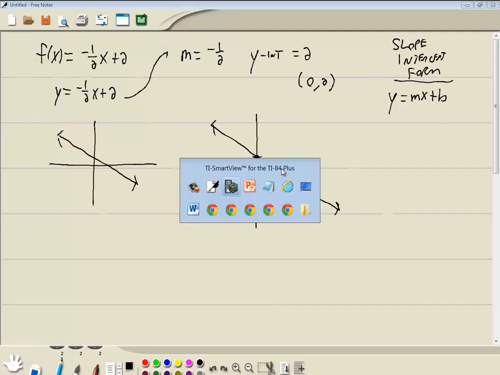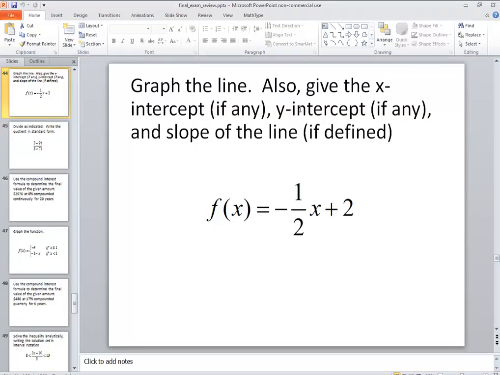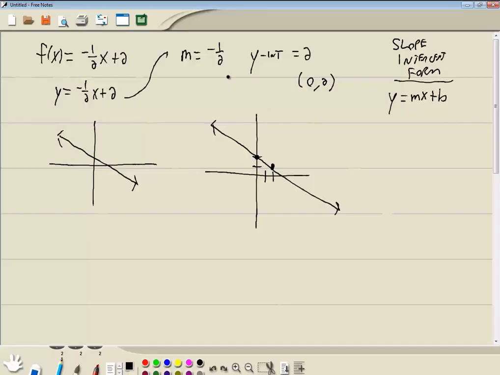Now the next thing they're asking for in this problem is to give the x-intercept, y-intercept, and slope. Well, slope we got because it was in slope-intercept form, and our y-intercept we got, and you could write it in point form like I said, just from the slope-intercept form. The one thing we didn't get from the slope-intercept form is our x-intercept.